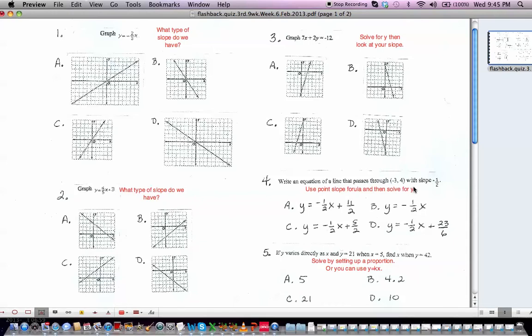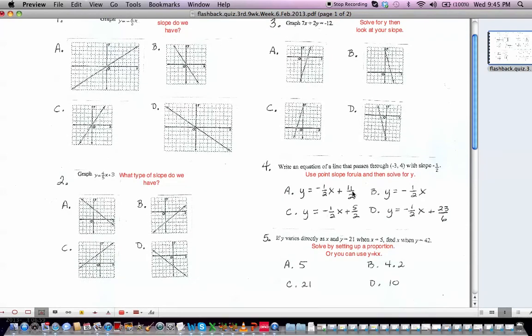So instead of me just telling it to you, I've got it written down. You can look at it. It's also on your algebra cheat sheet, your reference sheet. So use the point slope formula, plug those in, and then solve for y. And then that'll give you that equation.